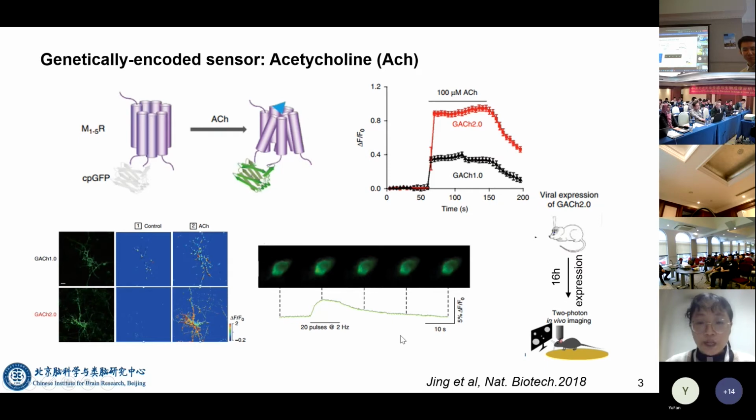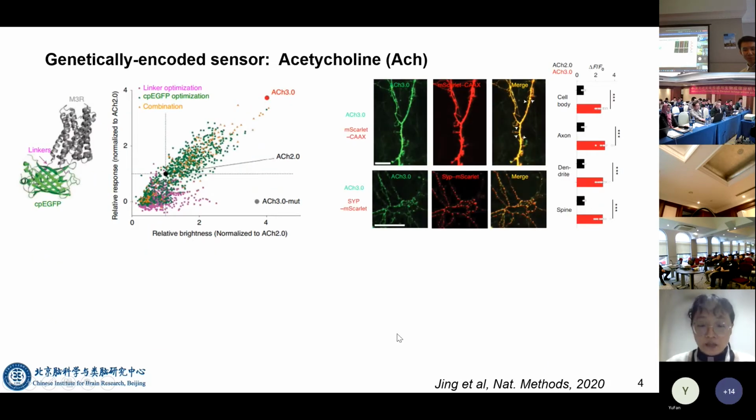After that, they did the optimization again. With acetylcholine 3.0, they used a strategy of linker optimization and cpGFP optimization.